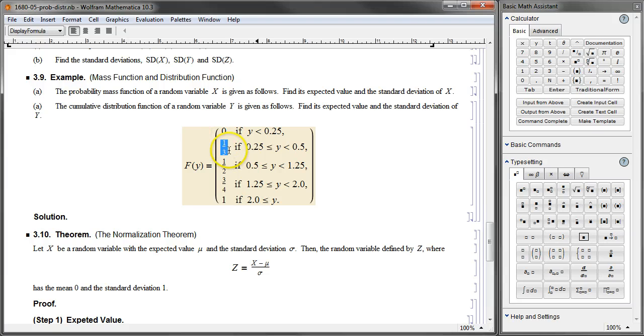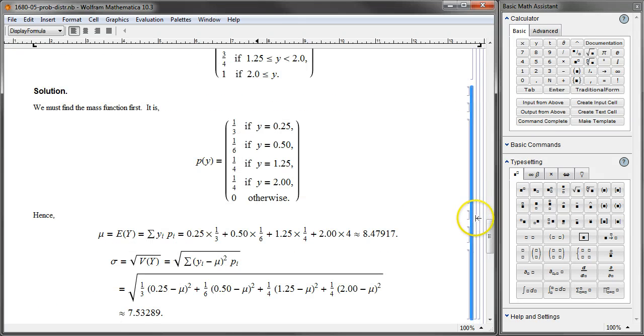So far 0, it became 1/3, so the difference is 1/3. So far 1/3, it became 1/2, so the difference is 1/6. So far 1/2, it became 3/4, so the difference is 1/4. So far 3/4, and the accumulation is 1, so the difference is 1/4, kind of like that. And you get the mass function.